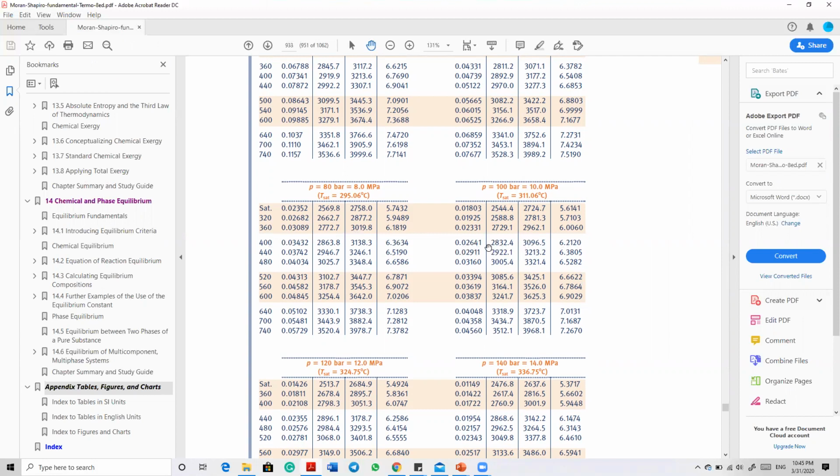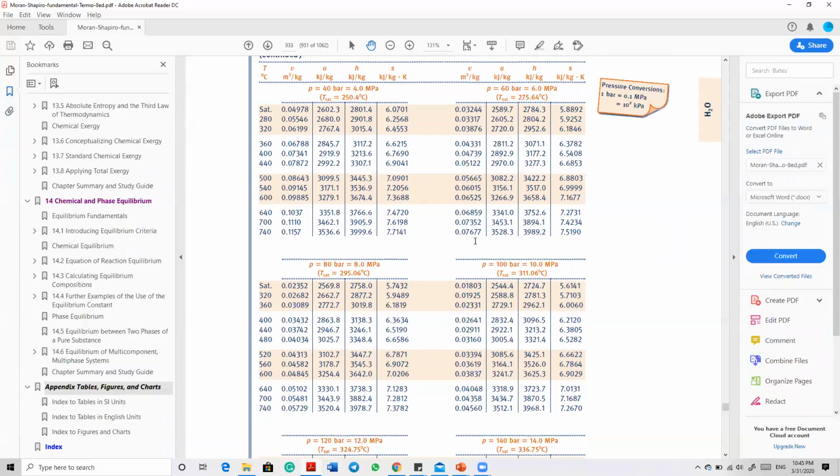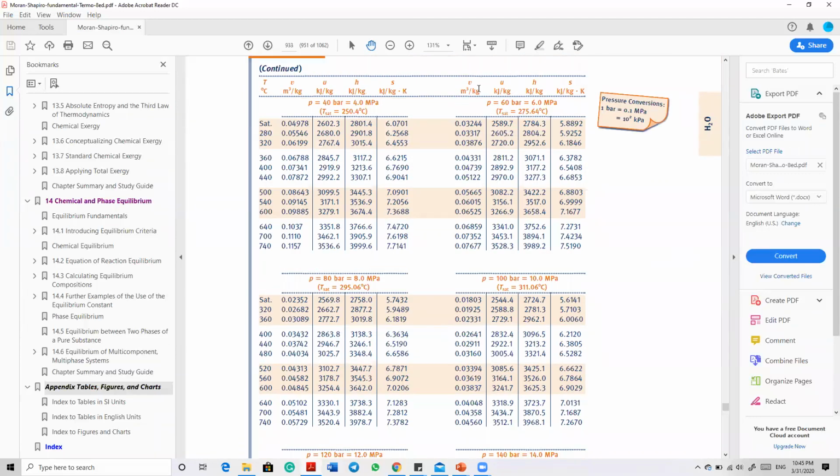So first of all, my phase is superheated water. Secondly, the table is this one, right? At page 933, I can read that the specific volume at this condition is 0.02641. And what is the unit for it? Cubic meter per kilogram.